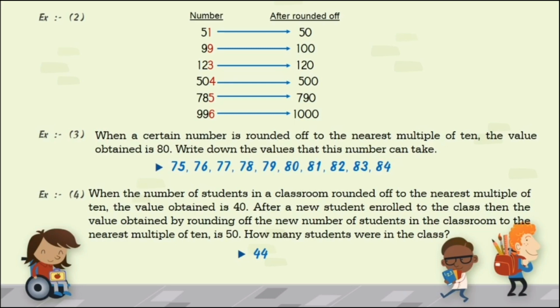We know when the rounded off value is 40, the values should be from 35 to 44. In the second case, the rounded off value is 50, so the values should be from 45 to 54. From that we can easily find the answer should be 44.